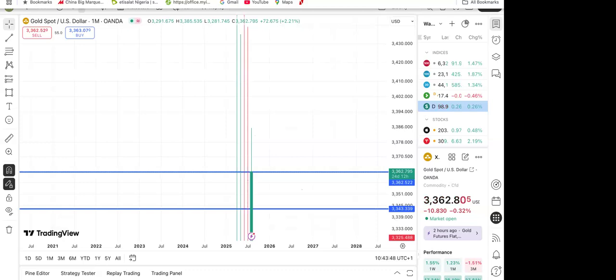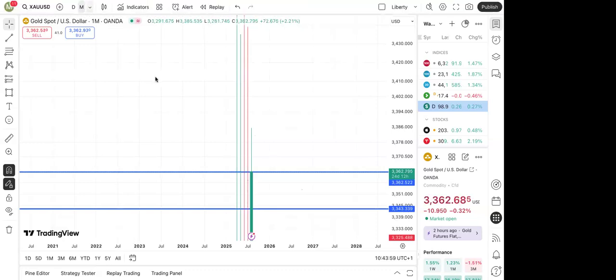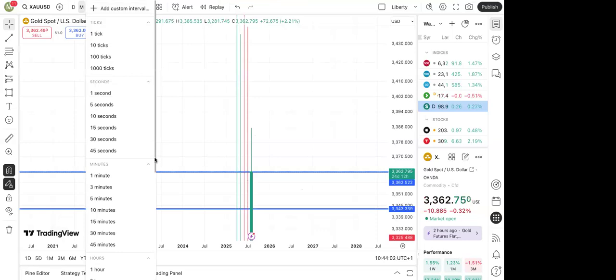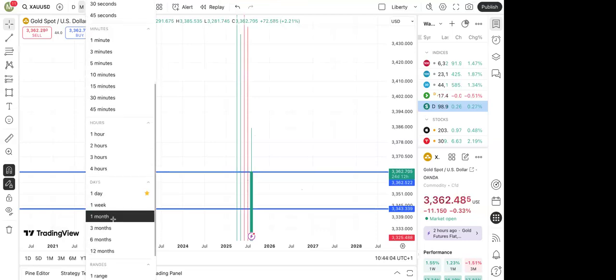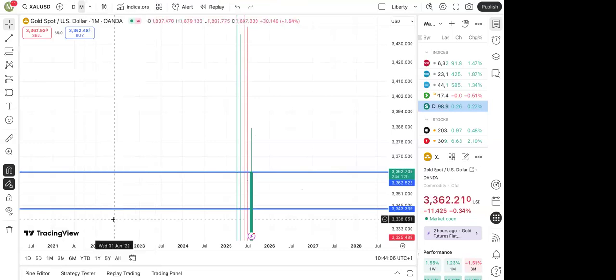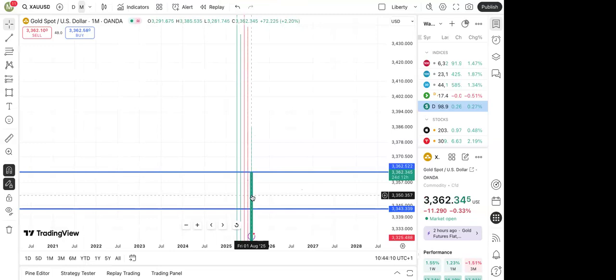And first of all, we want to establish where is gold, what's the trend, and we'll be starting with a monthly time frame. Right now, we are on the monthly time frame, and if we see my screen, it's saying Friday, August 25.